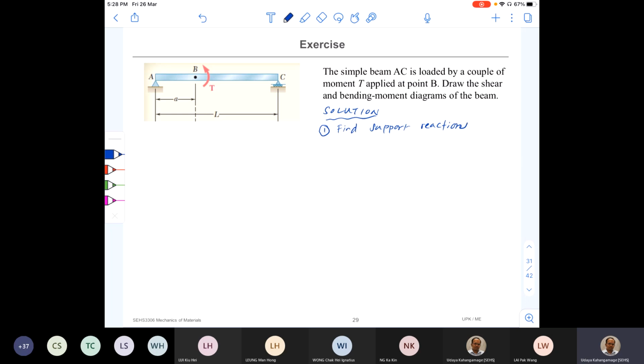Here, I'm not going to draw a separate free body diagram. I just mark the reaction forces at A and C. They are pin joints. Therefore, the reaction forces are going to be concentrated, like this. So we'll mark this one as RA and this one as RC.